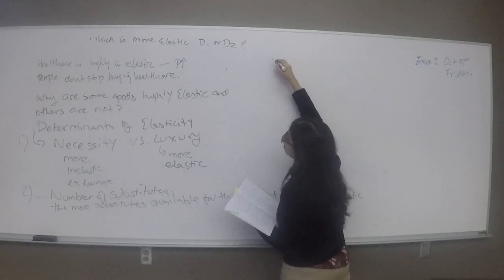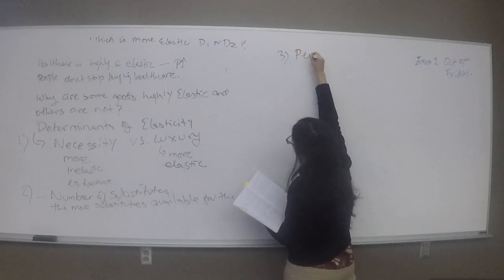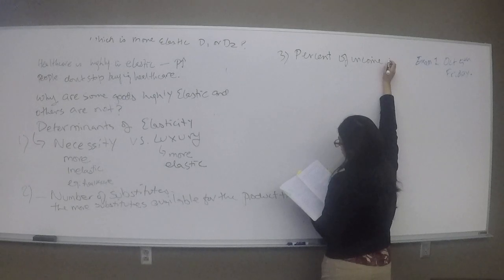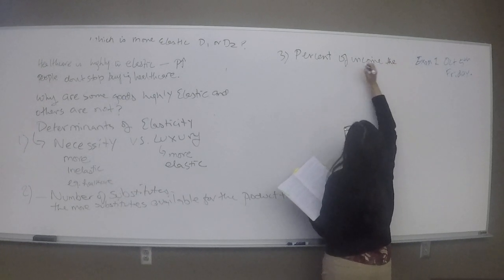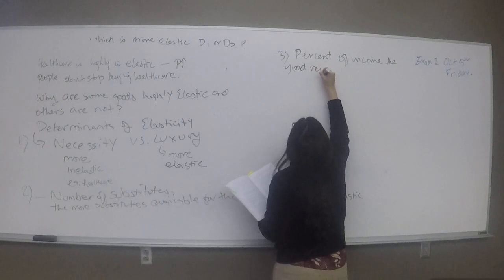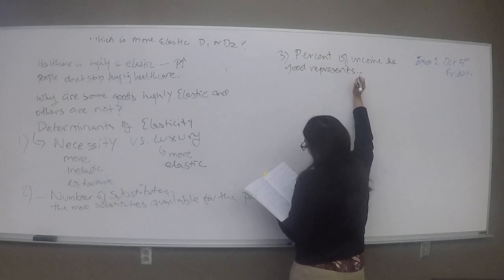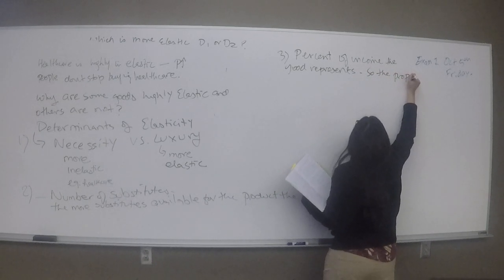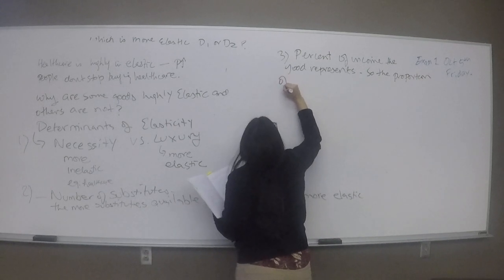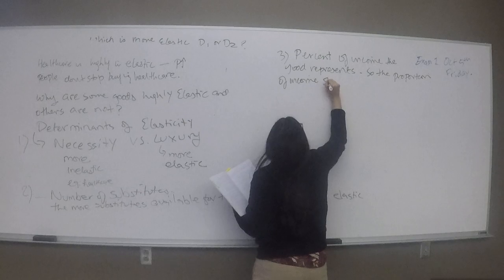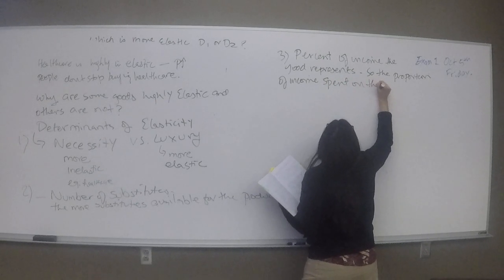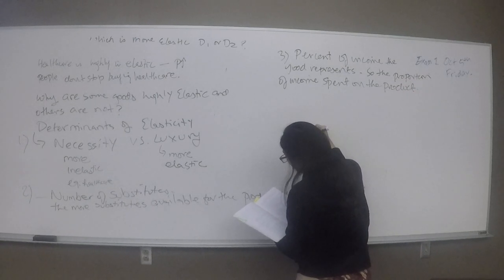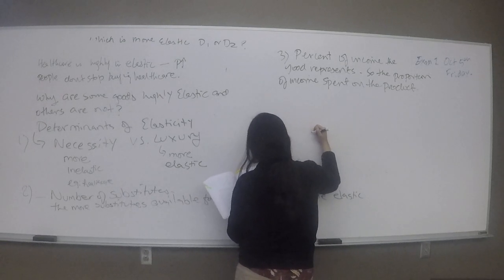Okay. Number 3, percent of income the good represents. So the proportion of income spent on the product. The higher the percentage of income a good represents, the higher the elastic response is.